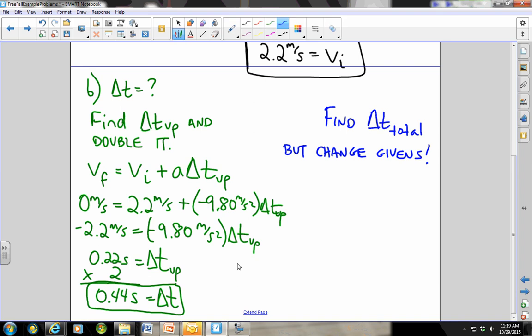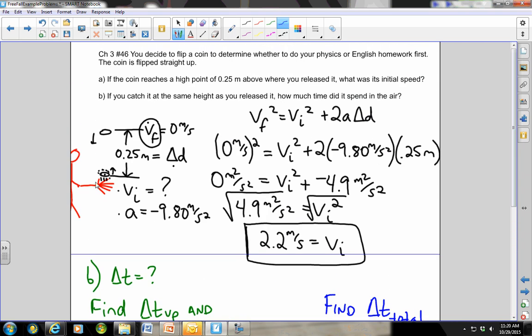Or if you just want to think about it carefully, really, for the whole problem, we said that the speed that something is thrown with, it lands in their hand at the same speed, only negative velocity. So you could change your givens and say, well, I know when you flip a coin, it starts here, it goes up to here, falls back to my hand, and when it hits my hand again, it's going the same speed as it was when I threw it, but the other direction.